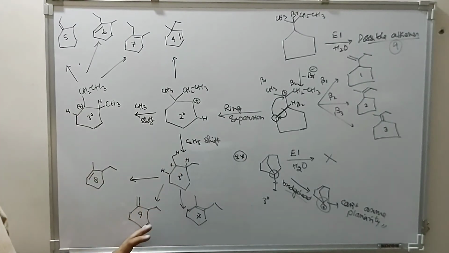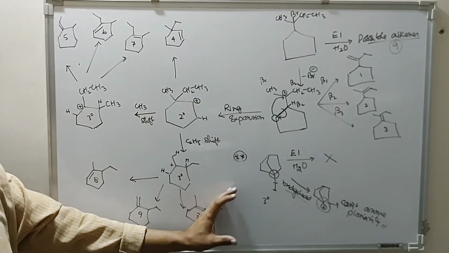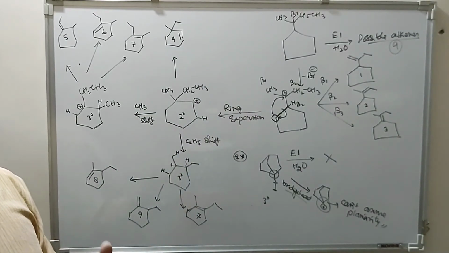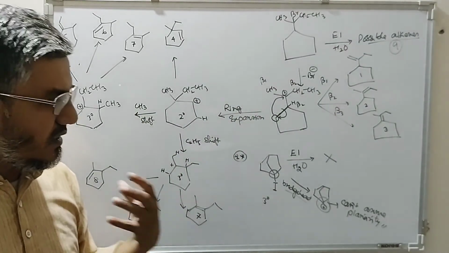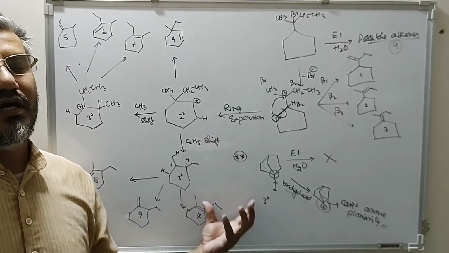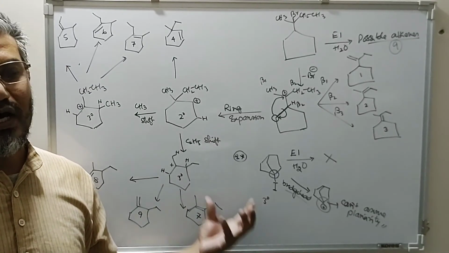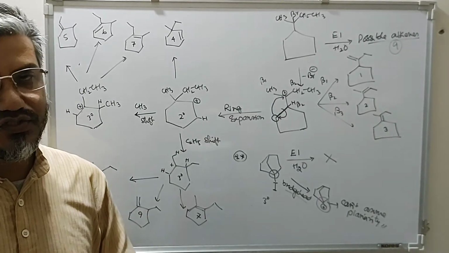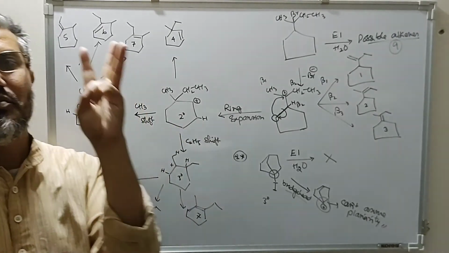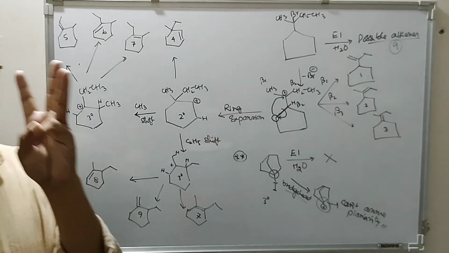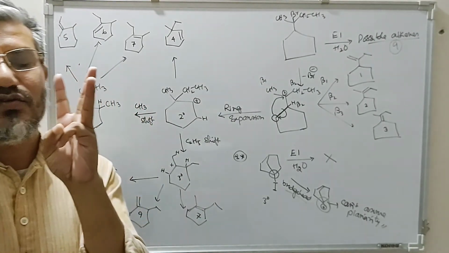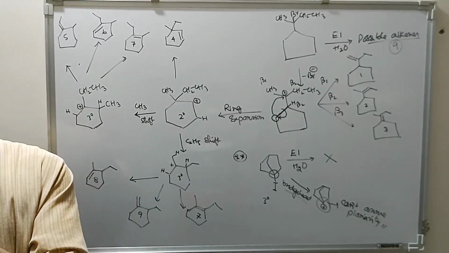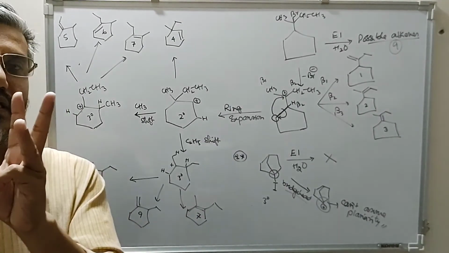So this is a brief summary of E1, E2 and E1cB. This is the elimination reaction of alkyl halides. Alkyl halides will undergo elimination by these 3 different pathways. Out of this, the most common pathway is the E2 pathway and the least common pathway is E1cB.